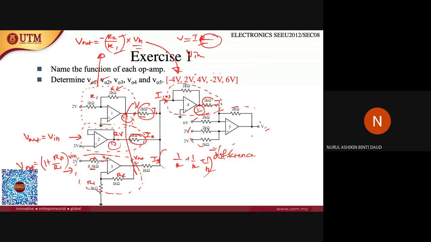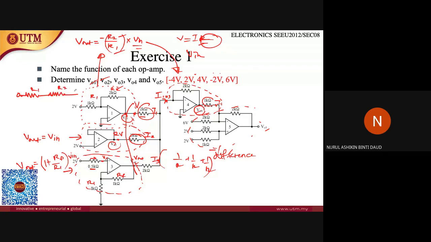Why? Because of voltage, you have to go back to the basics. We have parallel and we have the other configuration, series configuration. For series, the voltage at every point is the same.